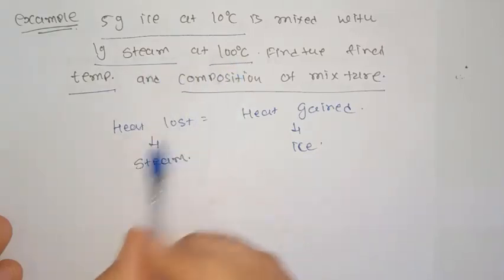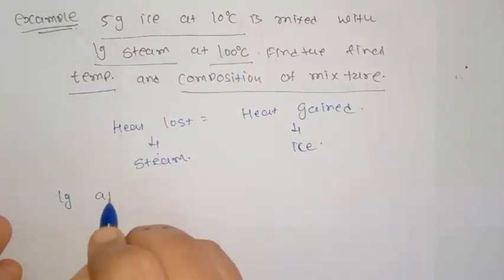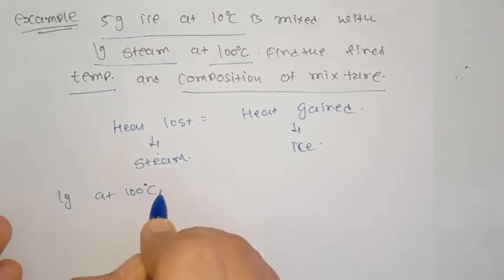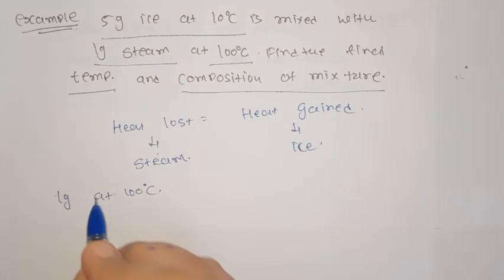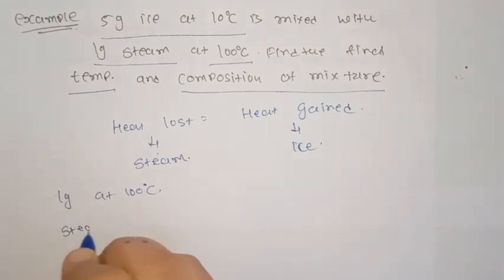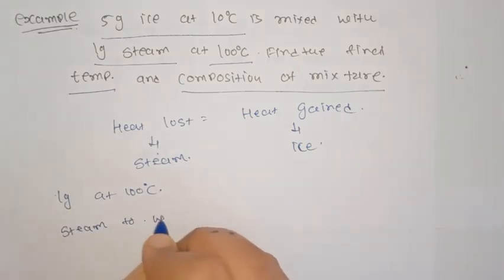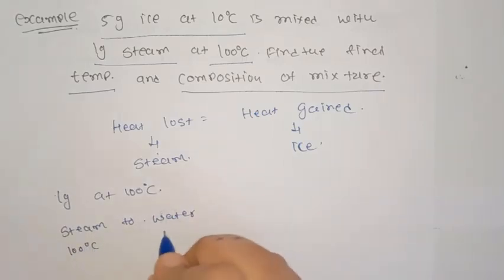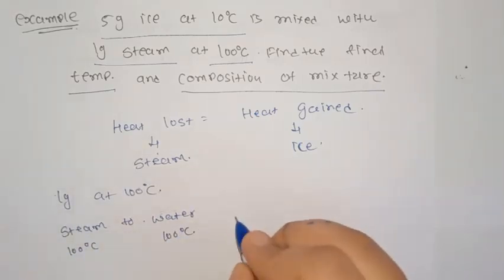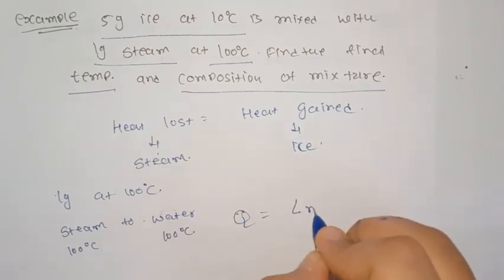First, we have steam at 100 degrees Celsius. So steam will convert into water, from steam at 100 degrees Celsius to water at 100 degrees Celsius. For that we require latent heat, that is, Q equals L times M.